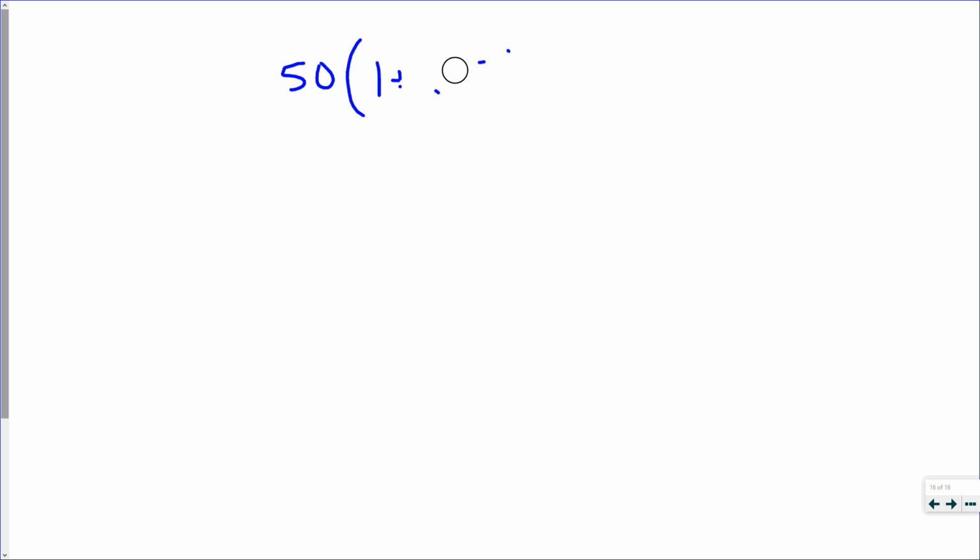Let's change that equation up a bit. Let's say I did 1.07 to the 12t power, and that's going to equal 75. So how would we solve for t?